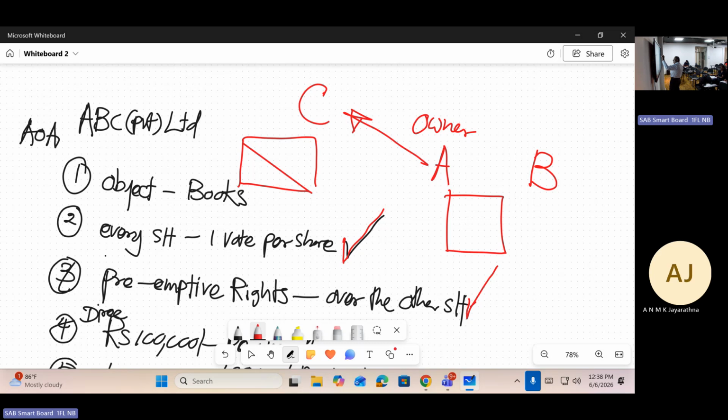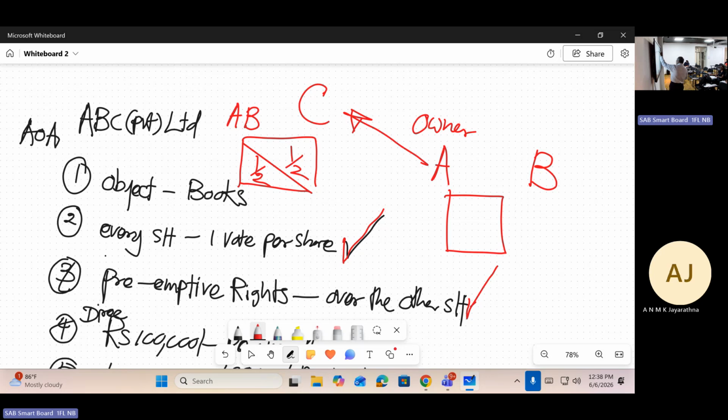Suppose the owners of a property, again land, are A and B. They are owners of a land. It means half share is owned by A and half share by B, according to the law of Thesawalamai.